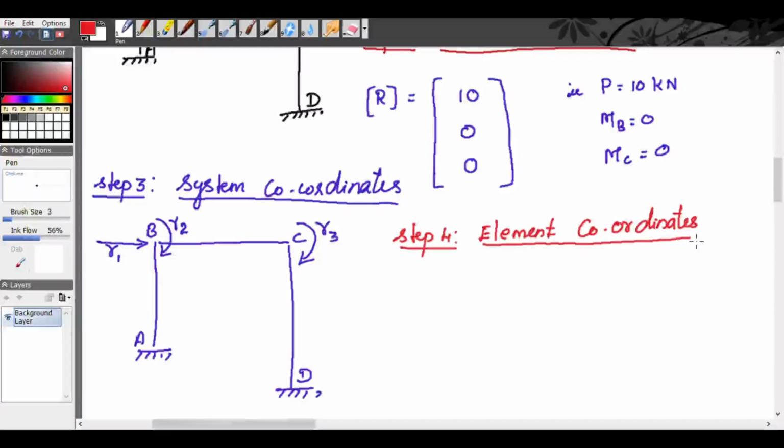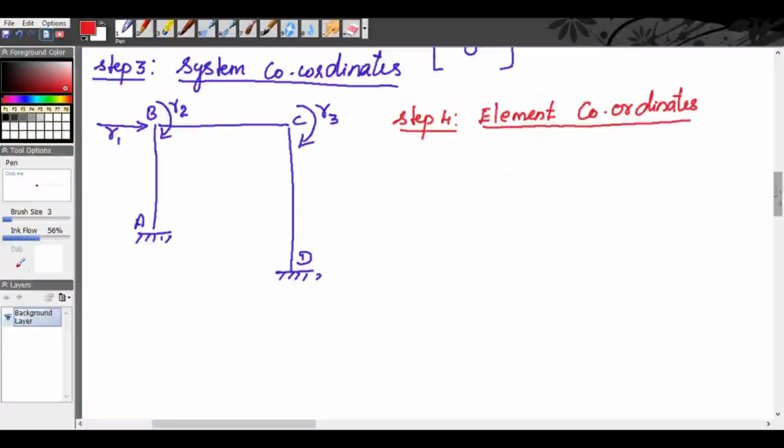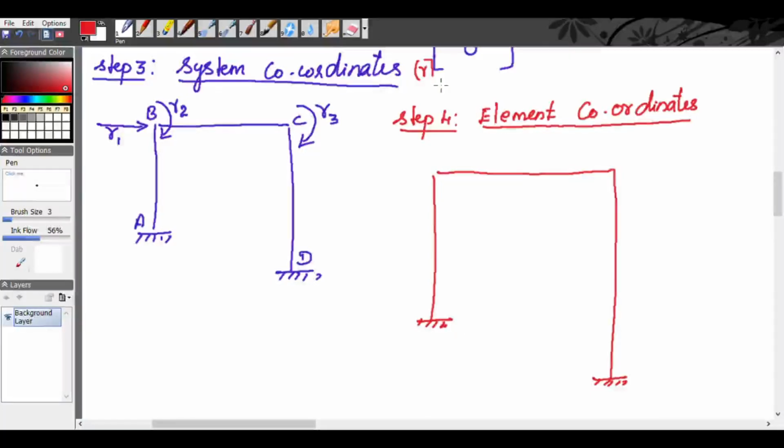We all know if we have 3 elements, we will have 6 element coordinates, one at each end, right? System coordinates are represented by small r, and element coordinates by small q.